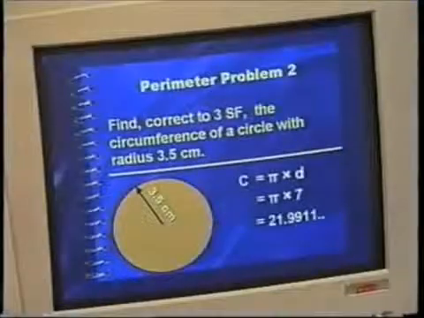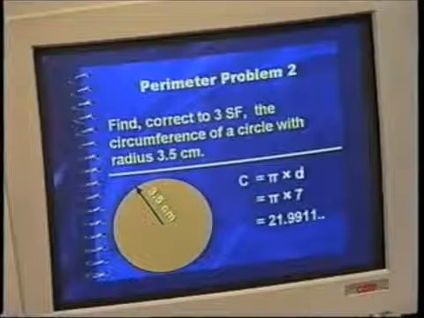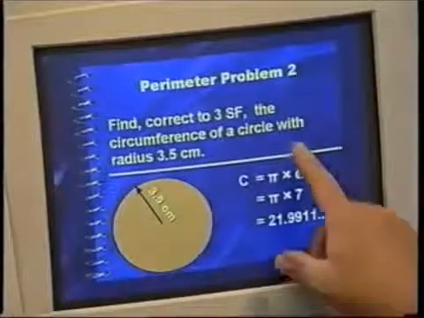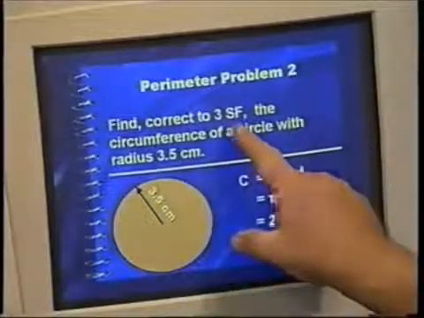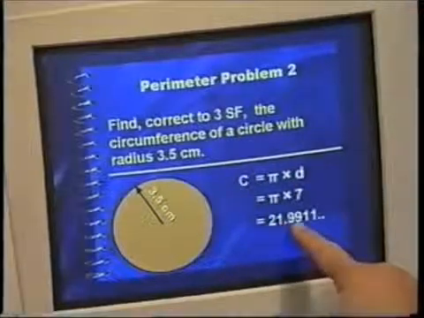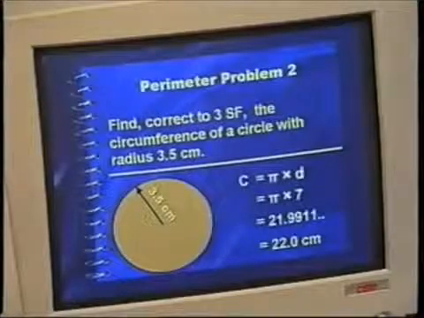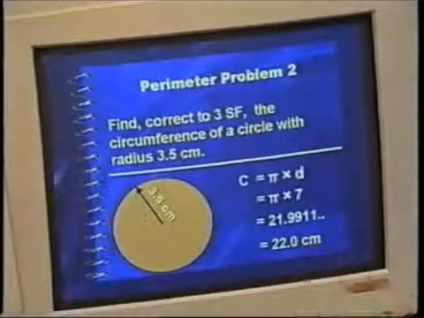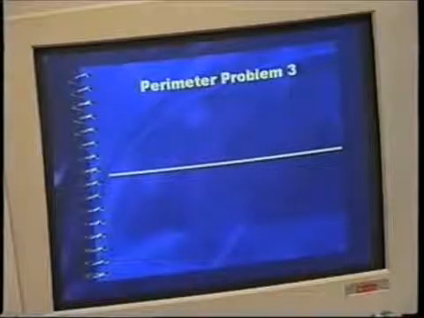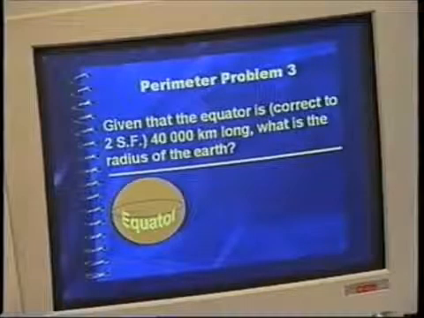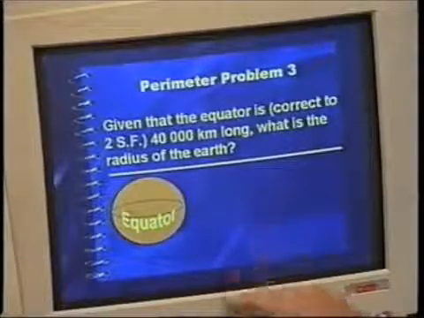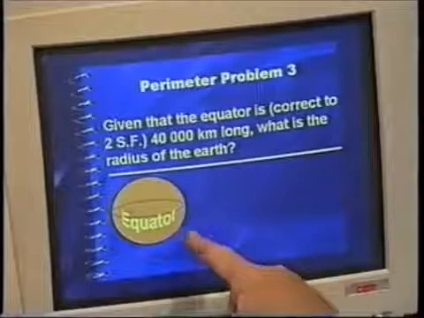Working that one out, it comes to 21.9911, and that goes on. We have to round, it says here, to 3 significant figures, so we want 1 decimal place, and it becomes 22.0 centimeters.